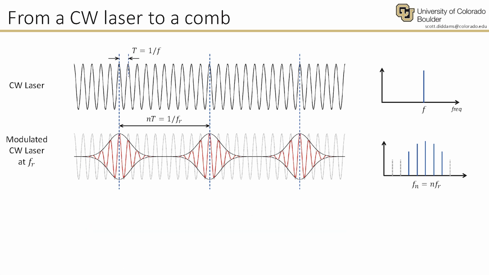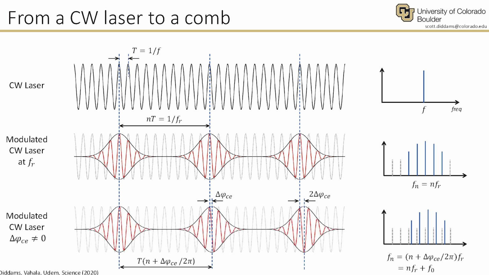That's because lasers are generated not in a vacuum, but in media where there's dispersion. And so you end up with this situation where the envelope and the phase slip with respect to each other. Here you see again this change in the phase.